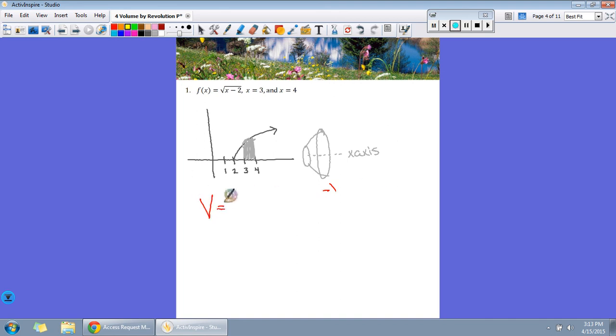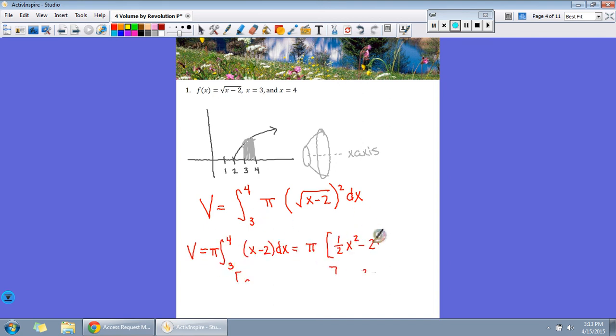So our volume equation is going to be the integral from 3 to 4, and we're going to have pi, and then we're going to have the radius, which is the function, squared dx. And then going through for the integration, we can square the square root, take the antiderivative, plug in 4, plug in 3, and we're going to get 3 pi over 2 units cubed.